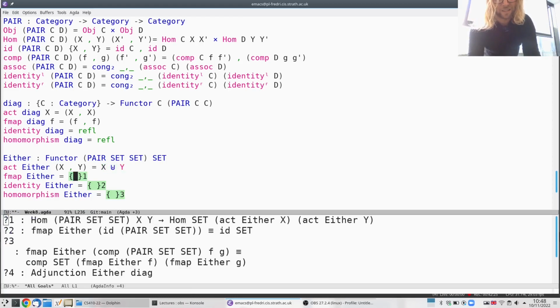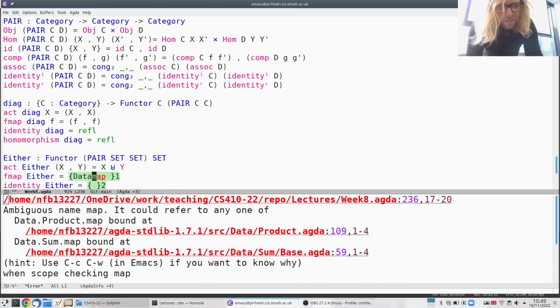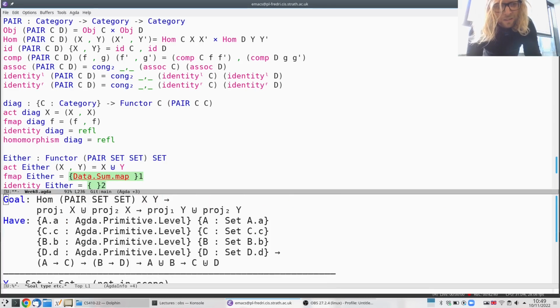Okay, and then you need this to be functorial. So I have this in the library already, probably. Well, we need to unpack it a little bit. So we get a morphism in the category of pairs of sets.